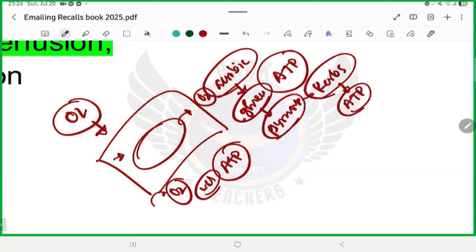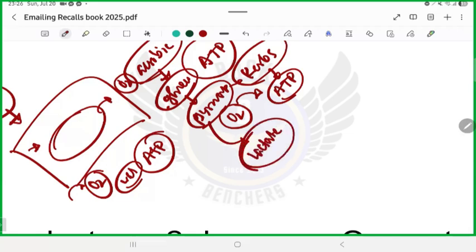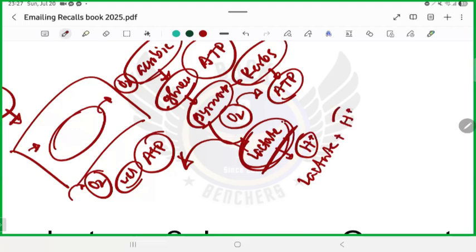You don't need all these details. Just remember, in presence of oxygen, we get this cycle. Now, when we don't have oxygen, more of this pyruvate converts into lactate. This lactate production comes with an additional proton production, so we get lactate plus H+.